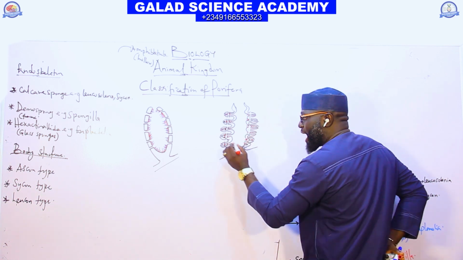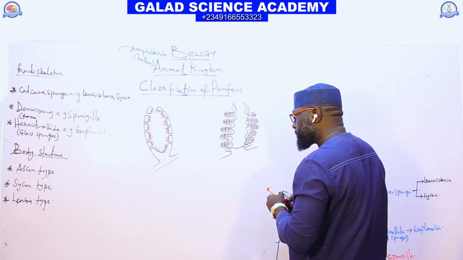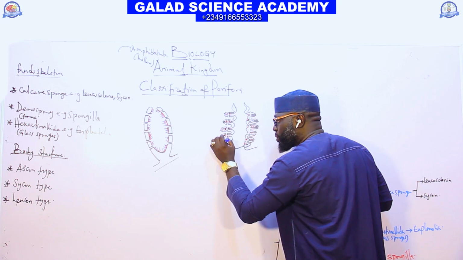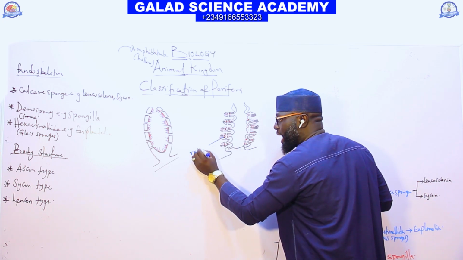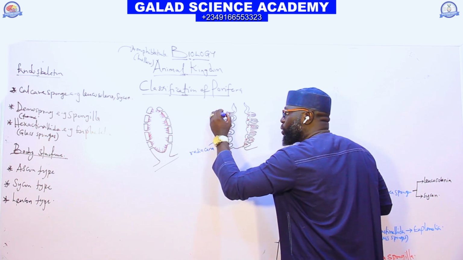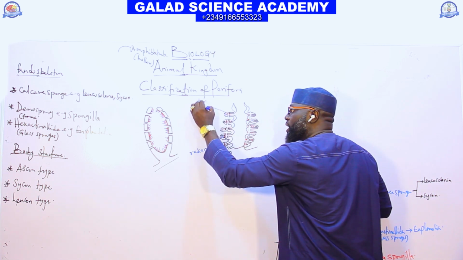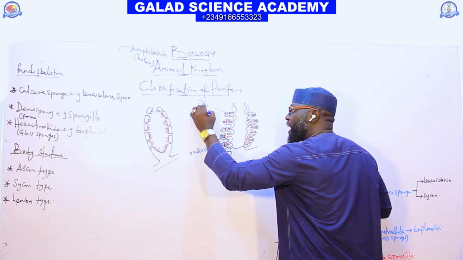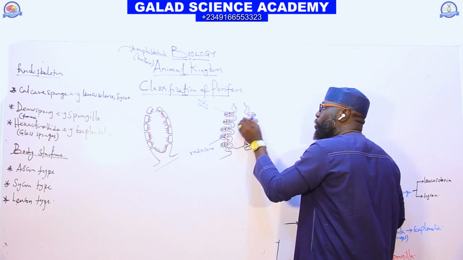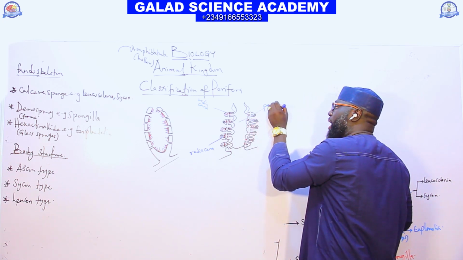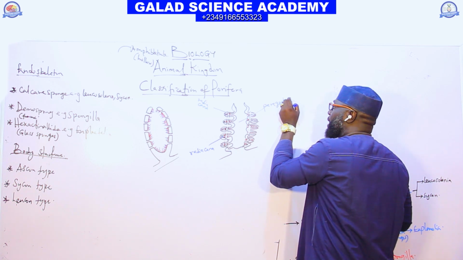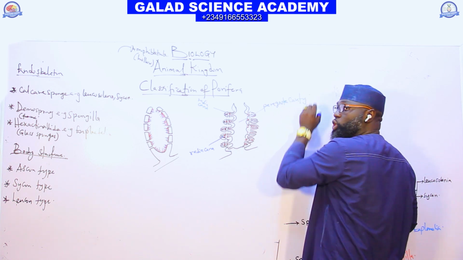And this angle you have here, this arm, we call it radial canal. This is also radial canal. And this empty space here is what we call the paragastric cavity, which is the spongocoel.